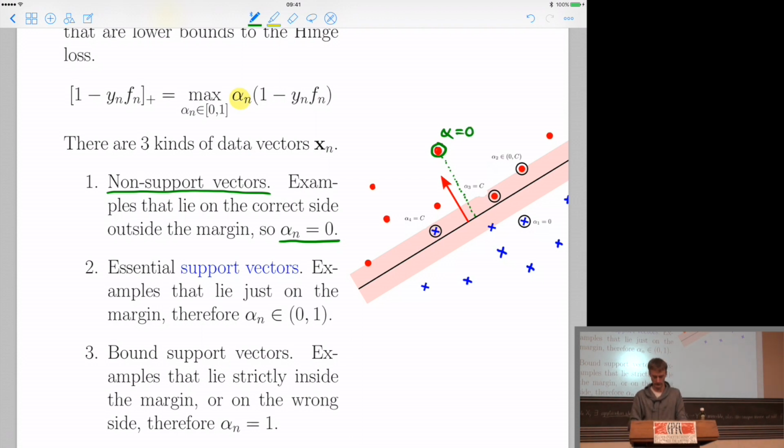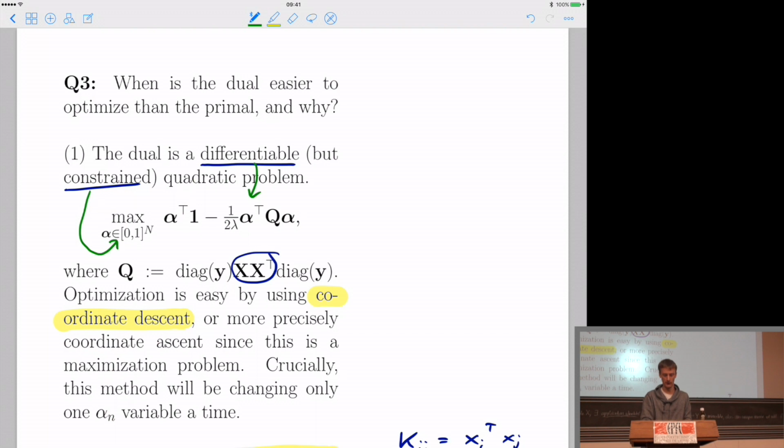What that means is it's quite convenient. If we knew that this is the case, we could completely forget about the point because its contribution here is nothing. The x_n is going to be multiplied with its label and with alpha_n.